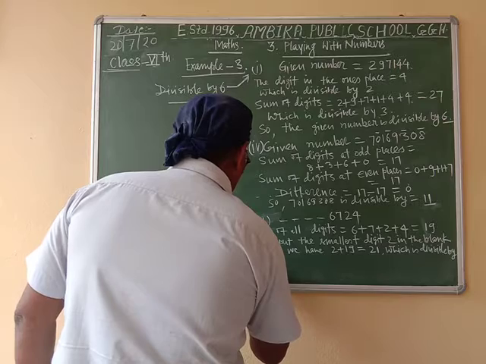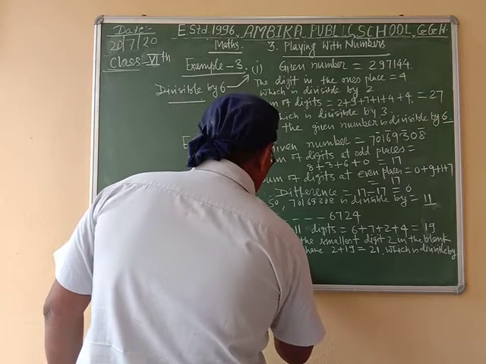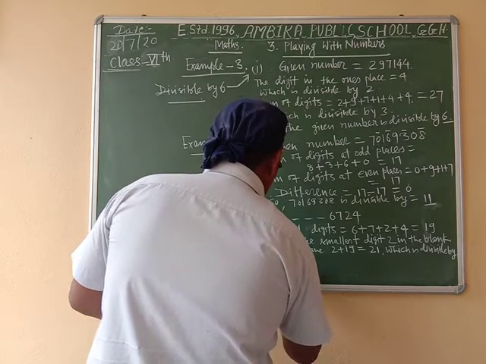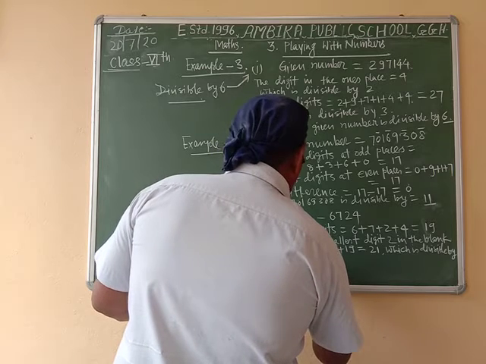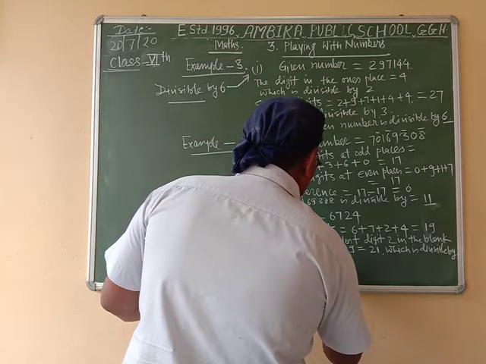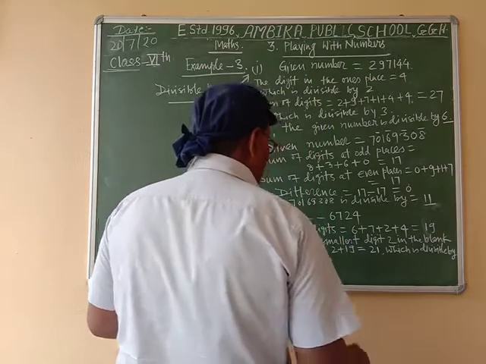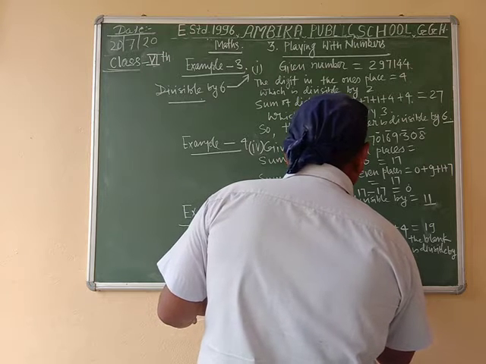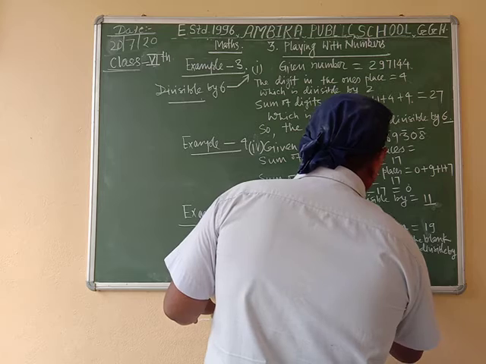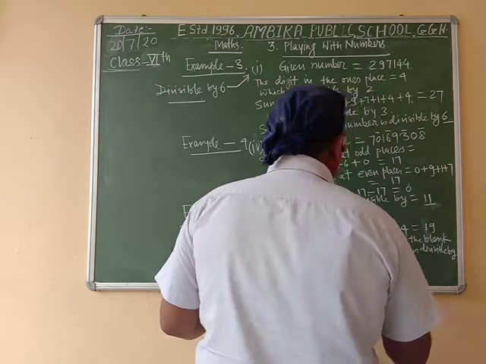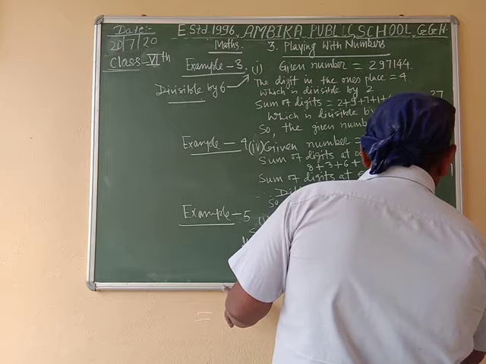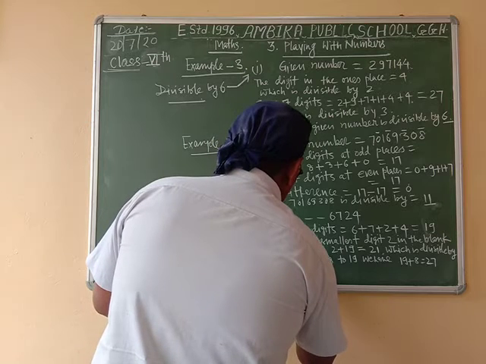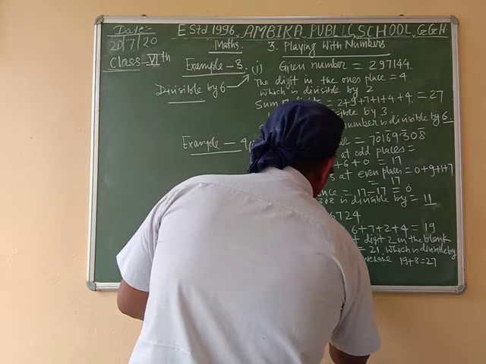Again, if we add 8 to 19, we have 19 plus 8 is equal to 27, which is divisible by 3.